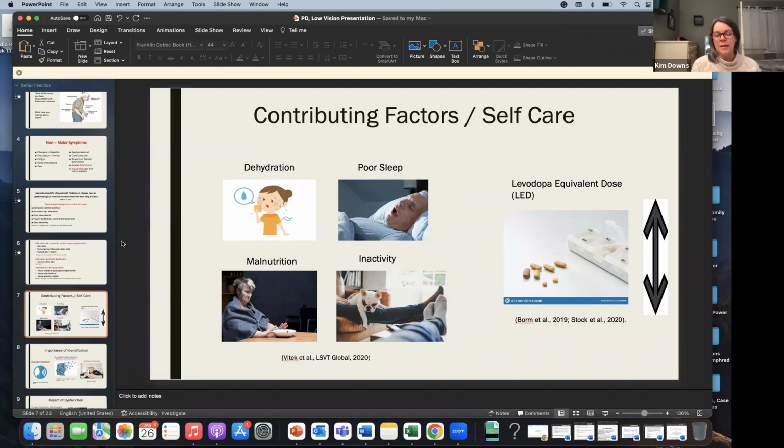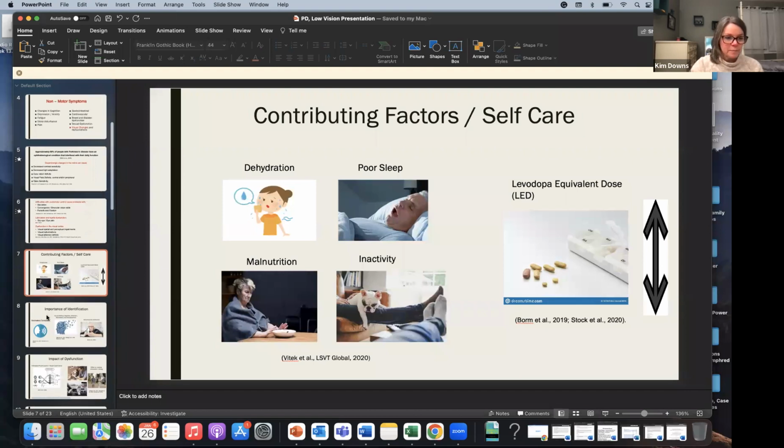And also inactivity. As a person with Parkinson's moves, it helps their system utilize the synthetic dopamine. So if they are not moving, they become even more rigid and have trouble processing the medication.